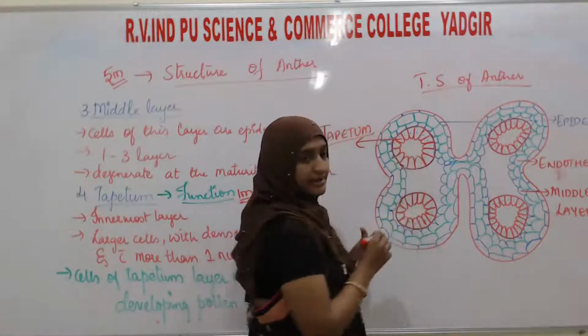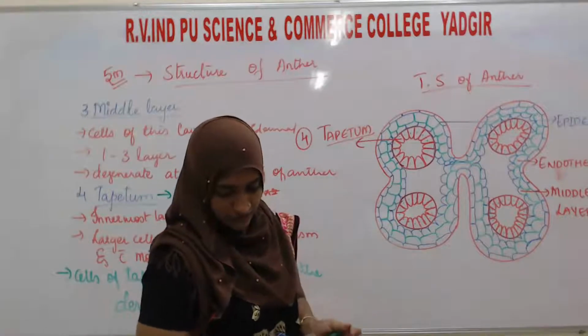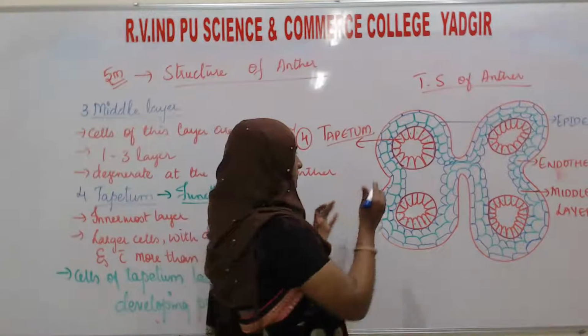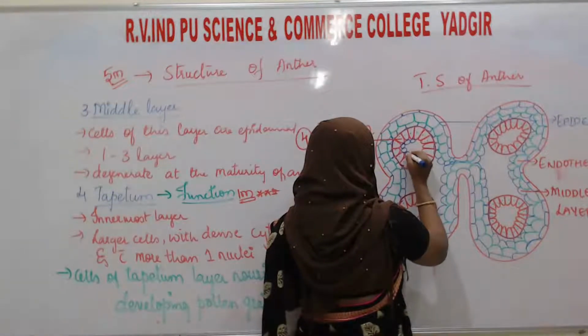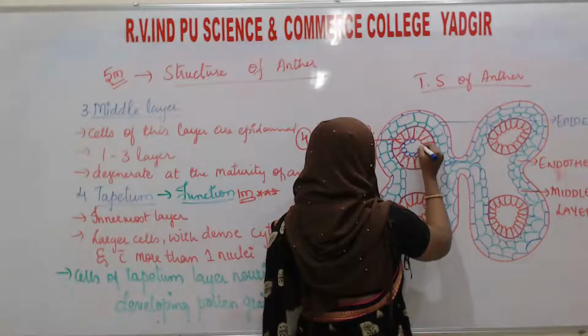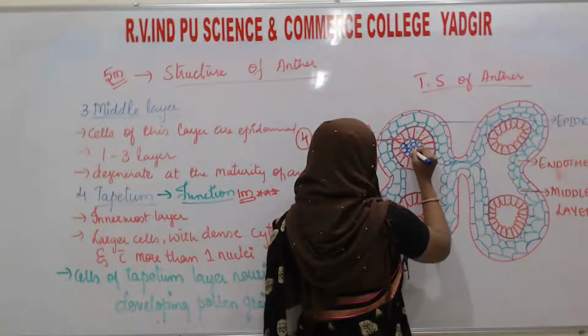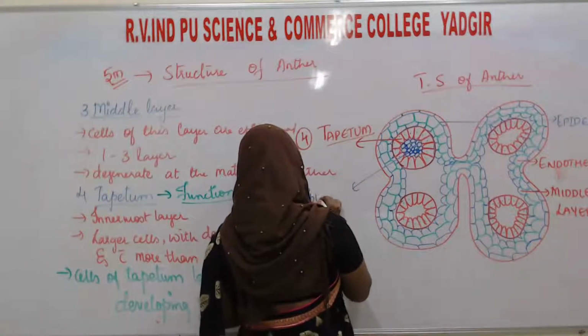Inner to this layer, in the pollen sacs, there will be a compact mass of cells or tissues, where the cells are compactly arranged or closely packed, and this group of cells we can call the sporogenous tissue.